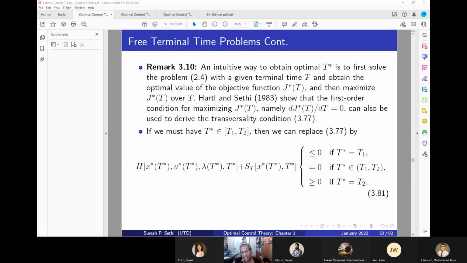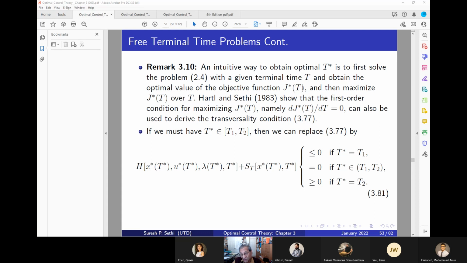What you do is you fix t and you find the optimal solution. Then you integrate that optimal solution and find the objective function. The objective function will be a function of the fixed t, because t you fixed. So the objective function can be given as J star of t.